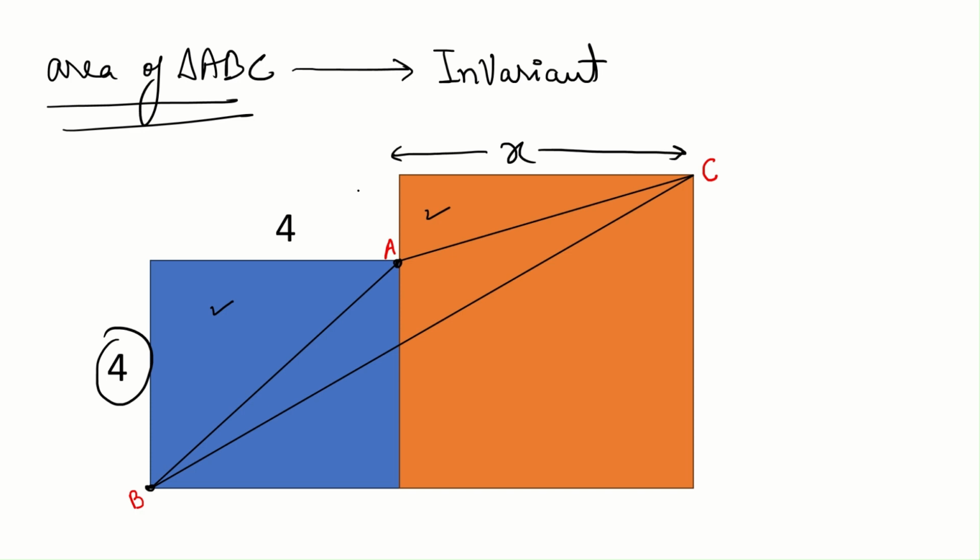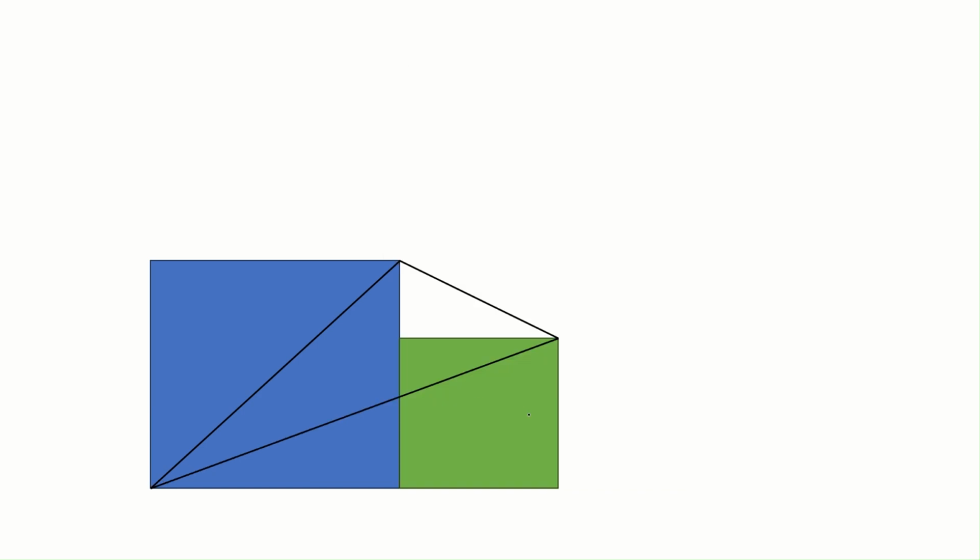Right. So let's extend this idea. If the size of the second square doesn't matter, I can take the second square as larger than the first square or smaller than the first square, as shown in the second figure. If I take the second square as the green one, then also the area of the triangle shall remain the same. The only thing that changes with the size of the second square is the dimensions of the triangle ABC.